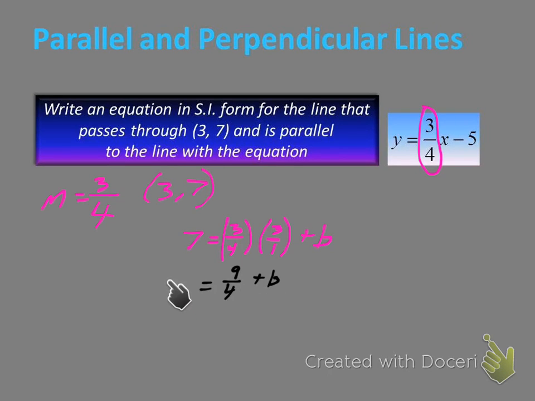We're going to have to subtract 9/4 over. Weirdest question I'm going to ask you in a while. How many fourths are there in 7? 28. Okay? There are 28 fourths in 7. So instead of writing 7 as just 7, I'm writing it as 28 fourths.